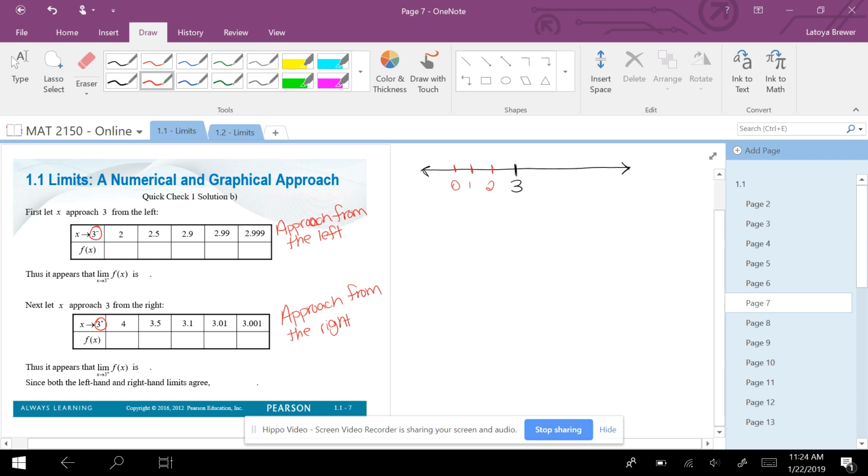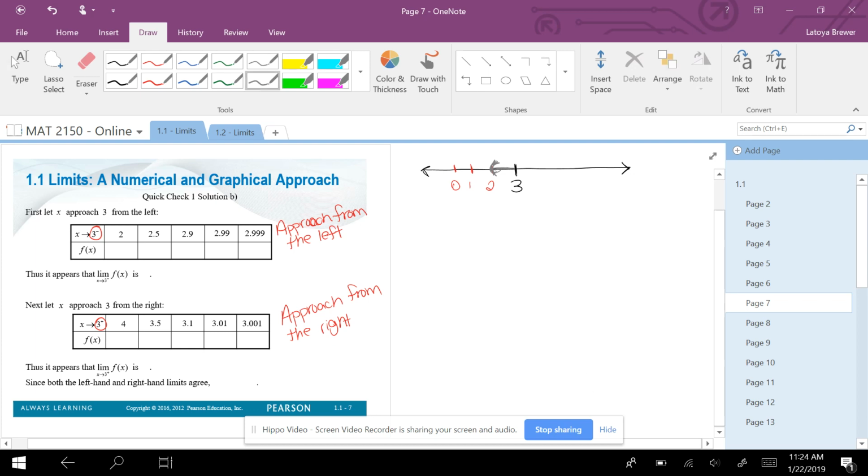What you want to do is start close to 3, close but on the left, and you want to get closer and closer and closer to 3, as close as you can, okay, without actually ever reaching 3. So in other words, you want to find values within this little area here to substitute into that table.